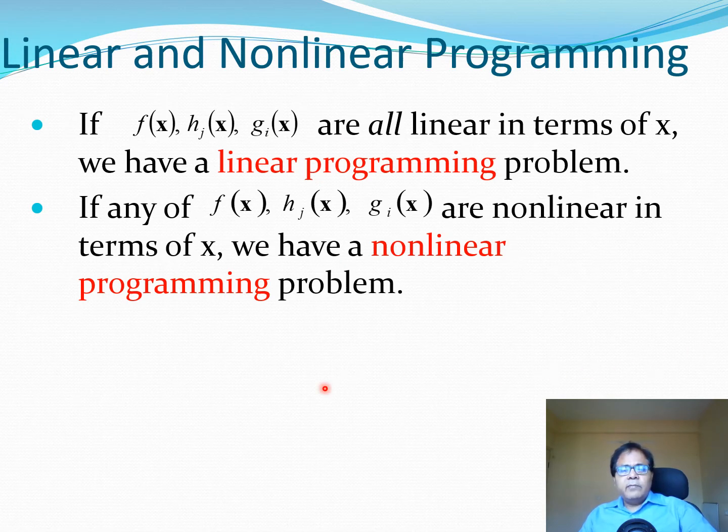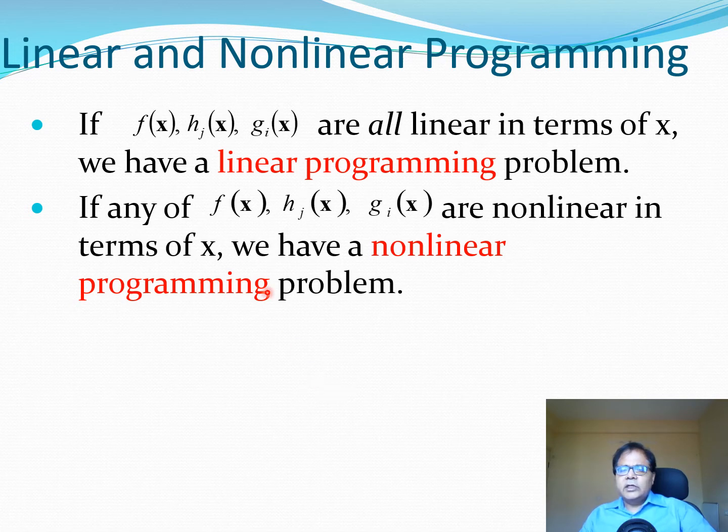Now, one more name for optimization which is often used in the mathematical branches is linear and nonlinear programming. Essentially, optimization came out of mathematics to a large extent, and therefore you will see in mathematics as well as computer science these terminologies also being used.